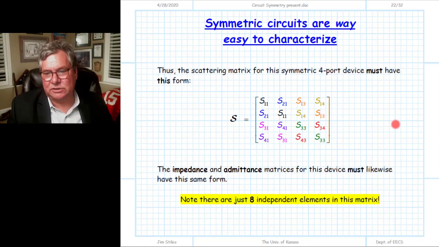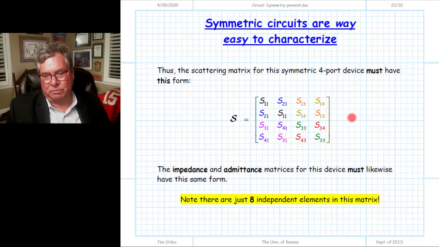So we take all those equations that we just determined by applying our knowledge of symmetry and group theory, and we see that a 4-port device which has this fairly meager level of symmetry, this D1 symmetry, one plane of reflection symmetry, we find that the resulting scattering matrix must have this form. And we count them.